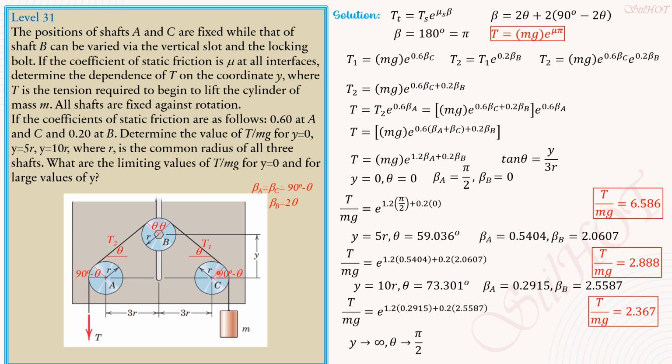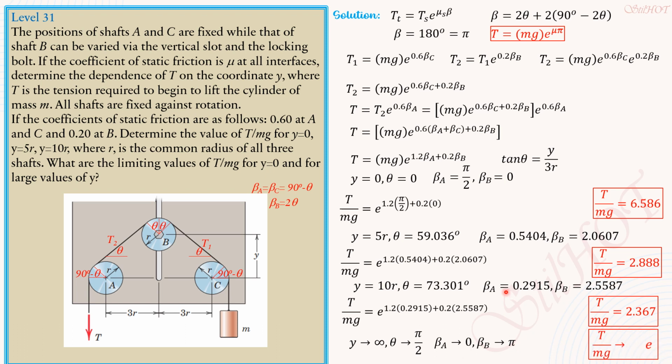Then beta A equals beta C would be 0. Beta B would be 2 times pi over 2, and it is pi. So beta A approaches 0, beta B approaches pi. Therefore, the T over mg would become, since only B will be in contact with the cable or the belt, beta A would be 0, and this is in general mu sub s of cylinder B and cable or belt, and this is beta B, which is pi.